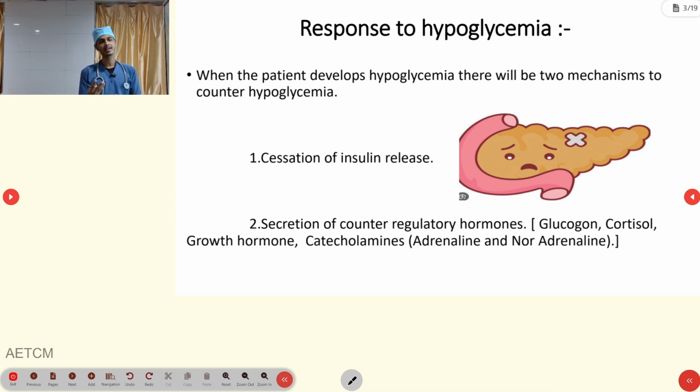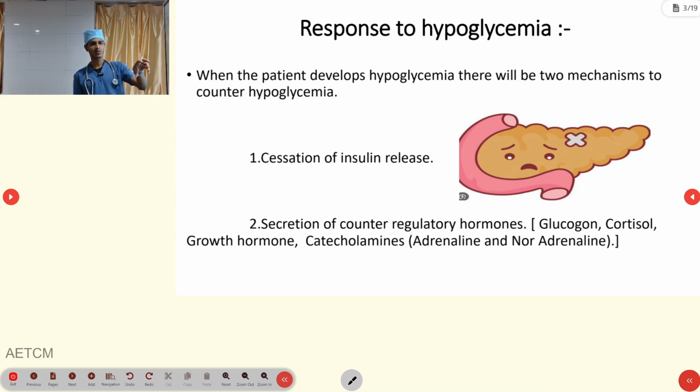First hormone, we have glucagon, which is secreted from the pancreatic alpha cells. Then cortisol, which is released from the adrenal cortex. Then we have growth hormone, which is secreted from the anterior pituitary gland. And then we have catecholamines, that is adrenaline and noradrenaline, which are released from the adrenal gland.